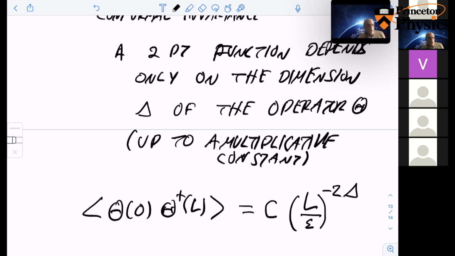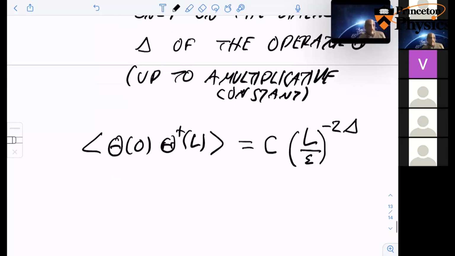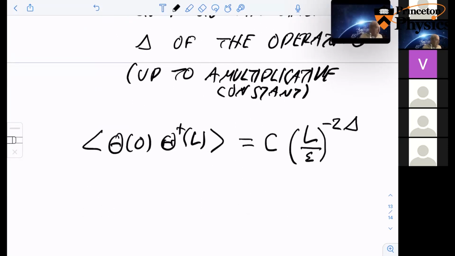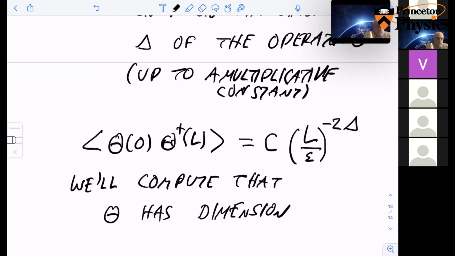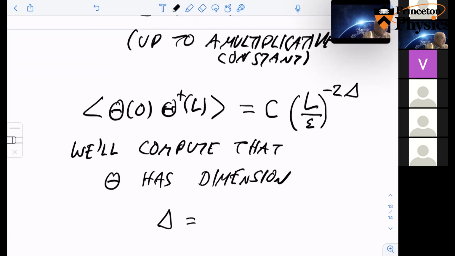But we're about to see that our theta does have a definite dimension delta. In a moment, we'll compute that theta has dimension delta equals c over 12 times (n minus 1 over n). c is called the central charge of the CFT.